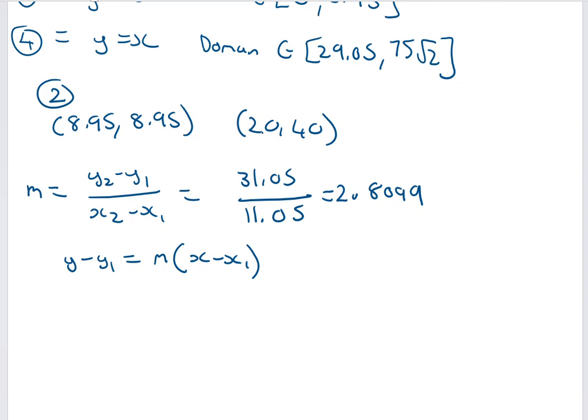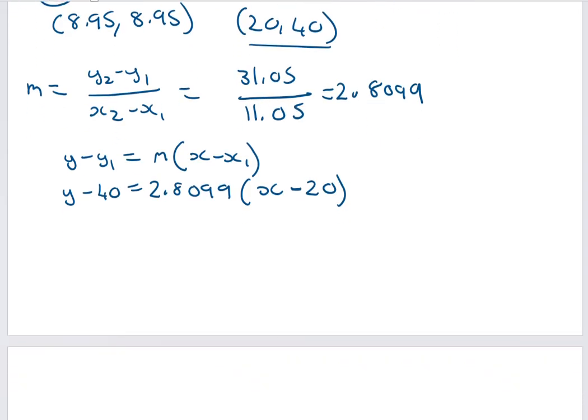I will just plug in all the information I know. I'm just going to use the easiest one of 20 and 40. So I'll go y take away 40 is 2.8099 times x take away 20.